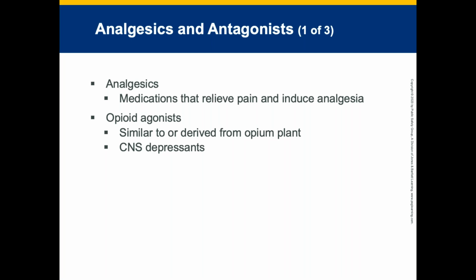This is also a CNS depressant. A fast-acting, rapid-acting medication that is very potent would be fentanyl. Another name for fentanyl is Sublimaze, which has a relatively short duration of action. It doesn't last very long, but it works very well. It's 100 times more potent than morphine.